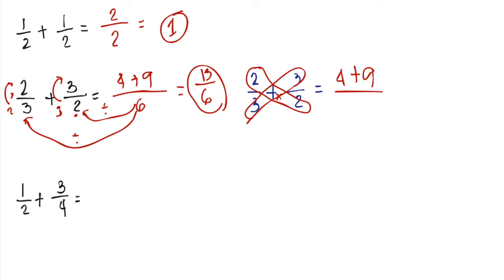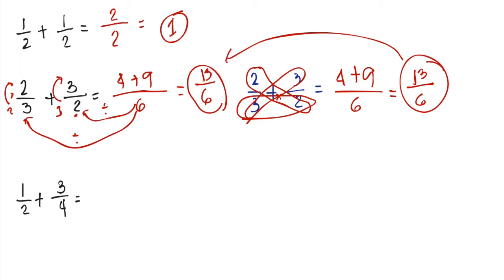And of course, multiply your denominators. 3 times 2 is equal to 6 to get your LCD. And proceed with addition. 13 over 6. So they have the same answer. Okay, different methods, but we are able to get the same answer.